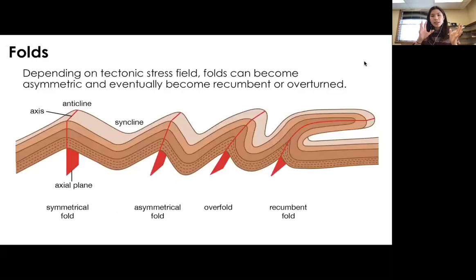And so this gives us folds that can actually overturn. And so that original A shape that defined the anticline could turn over and actually could turn the whole way over so that it looks like a syncline, but the rock ages would confirm that the oldest rocks are indeed in the center and that it is an anticline.